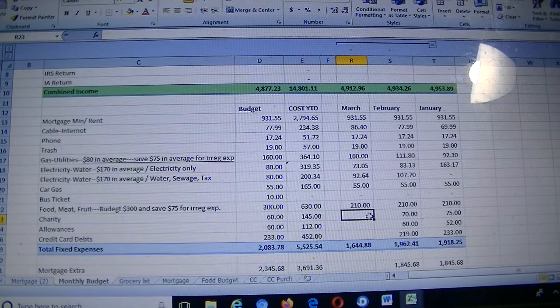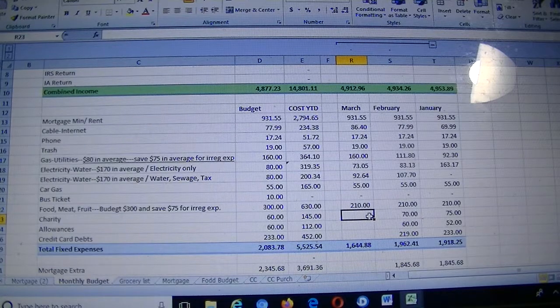For 7 people, divided by 7 is about $7.50 a week per person. So it's a little bit over $1 a day.